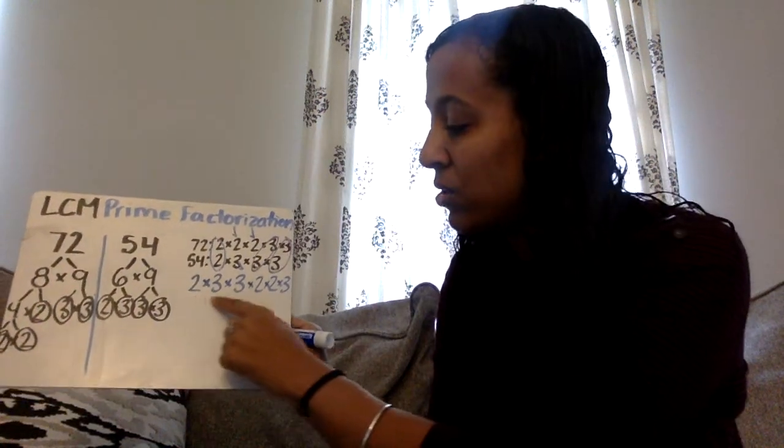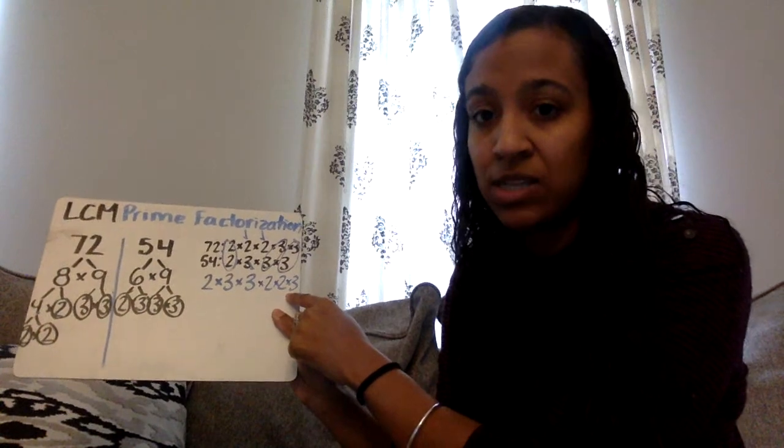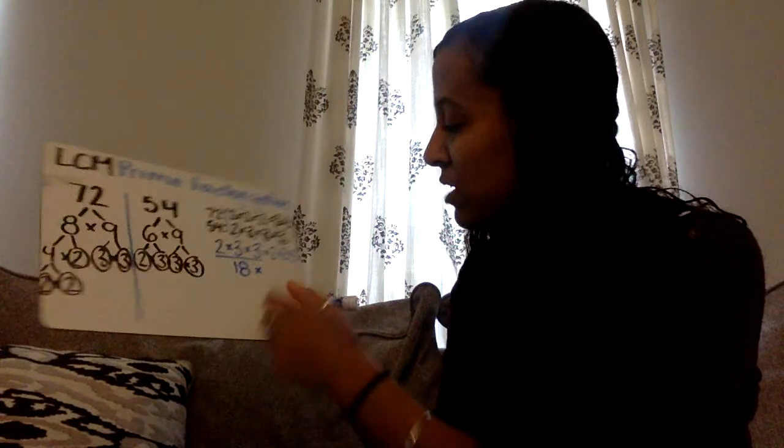Now I multiply all of these numbers together to get my least common multiple. I'm going to break this into two chunks. 2 times 3 times 3 is 18, times 2 times 2 is 4, times 3 is 12. So I need to do 18 times 12 to get my least common multiple.